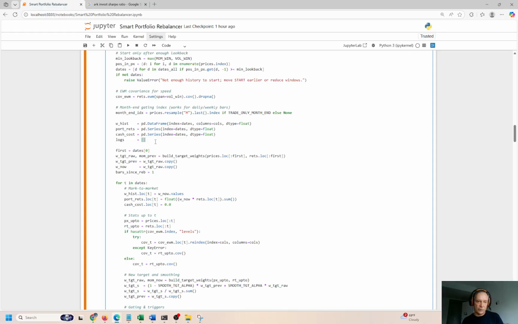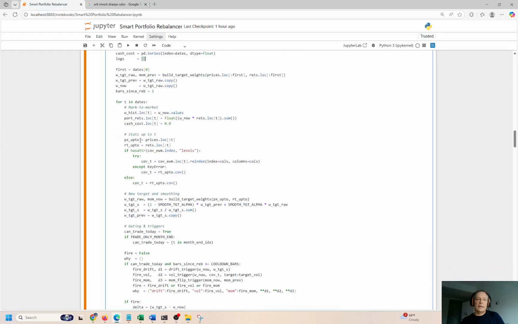A tuple will have curly brackets. A dictionary, or dict, will have kind of wavy curly brackets, and then data frames, right? Those are the four main types of objects in Python, and there might be a couple of others that aren't used that often. I'm not sure, but those are the major ones.